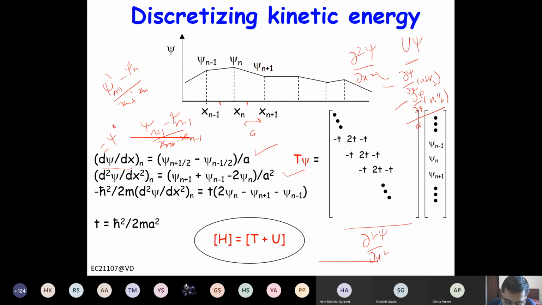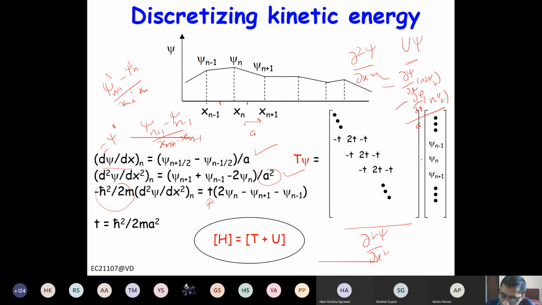So what you will get here is h bar square by 2m times psi n plus 1 plus psi n minus 1 minus 2 psi n, by a square. This prefactor h bar square by 2m divided by a square, we call it t. So for given psi, what you have is n minus 1 plus n plus 1 minus 2, right? So the diagonal element will be 2t, and beside the diagonal will be minus t and minus t.